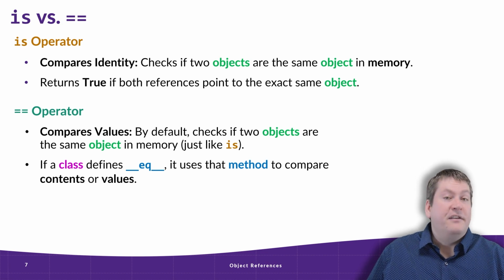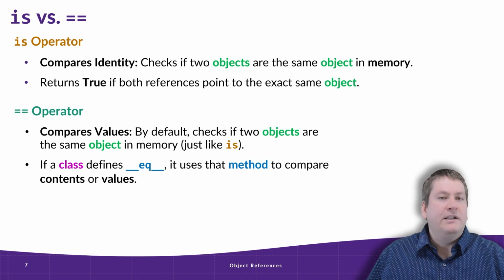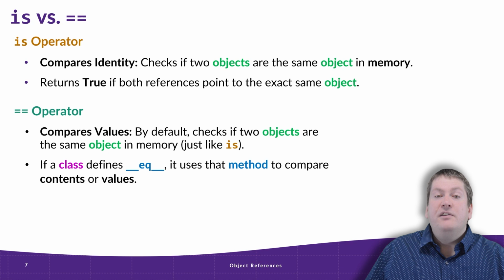But there's an important distinction, and that is classes can redefine what equality means for that class. So for example, instead of checking if they reference the same point in the computer's memory, they can redefine the EQ or equals method to say that we're now equal if we have the same values. And there is a slight difference between having the same values and having the same location in the computer's memory.